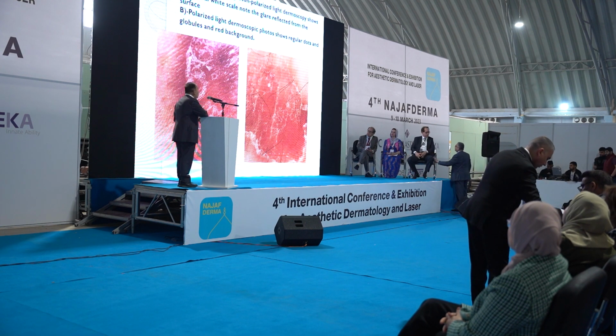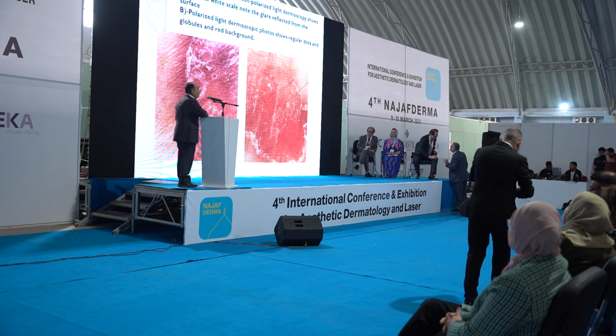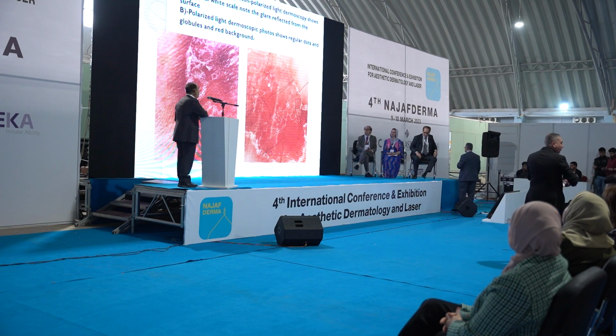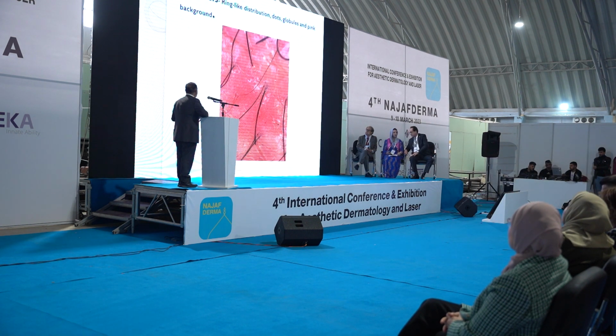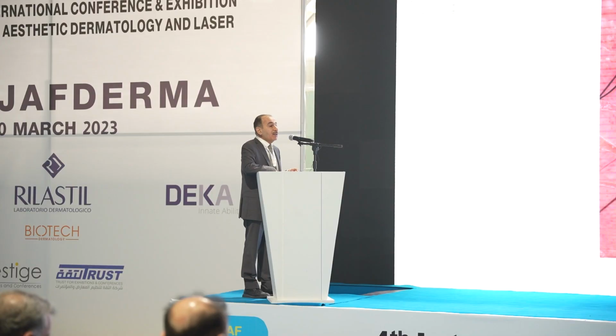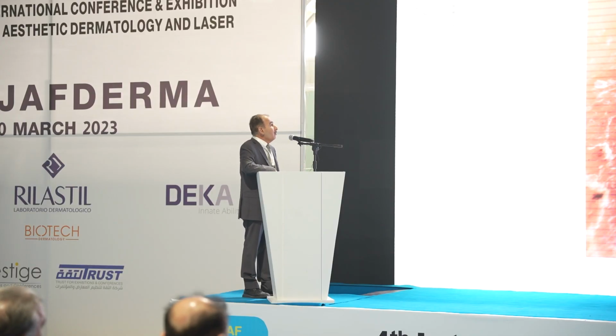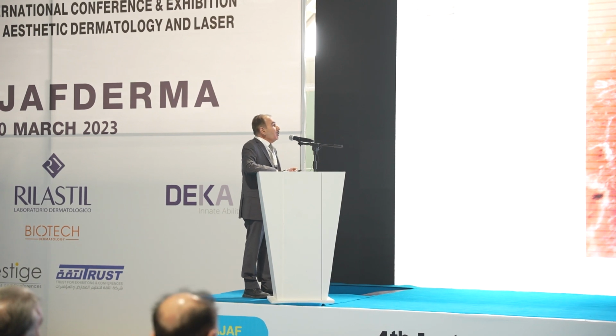There are dots and globules that are uniformly distributed, characteristic of psoriasis. Another picture of psoriasis, dots and globules that are uniformly distributed and white scales.